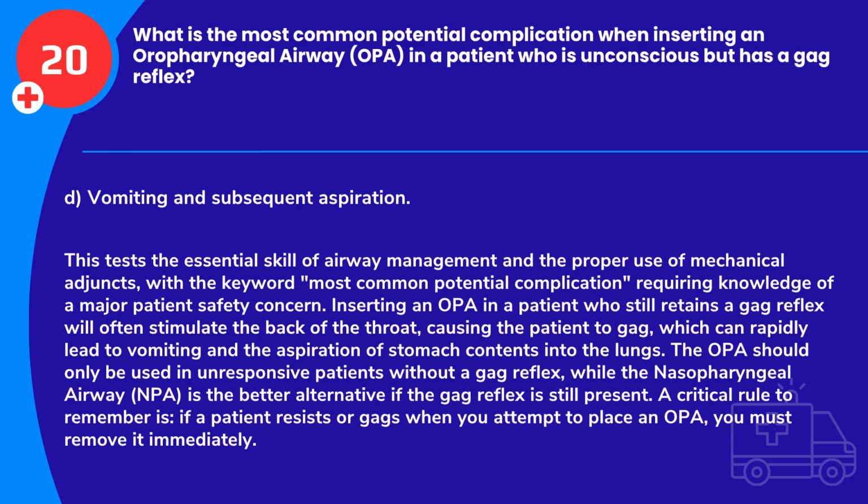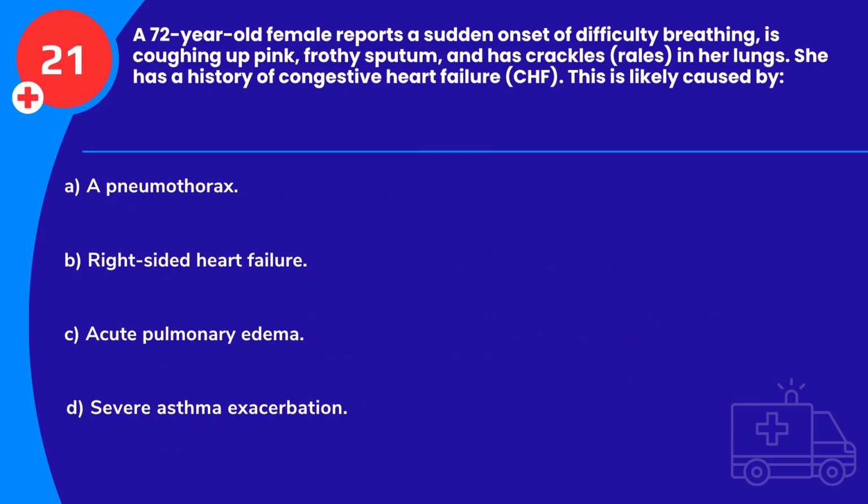The OPA should only be used in unresponsive patients without a gag reflex, while the nasopharyngeal airway, NPA, is the better alternative if the gag reflex is still present. A critical rule to remember is, if a patient resists or gags when you attempt to place an OPA, you must remove it immediately.